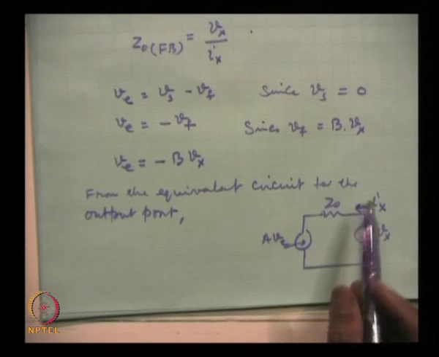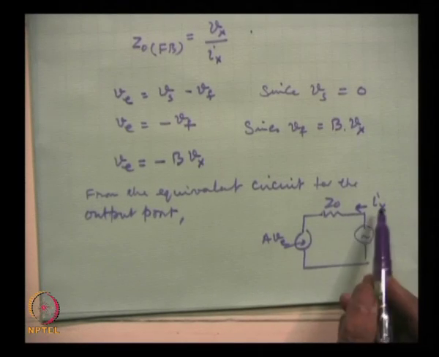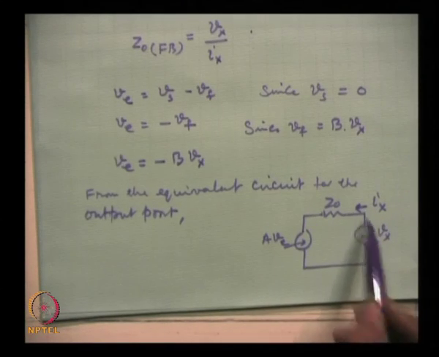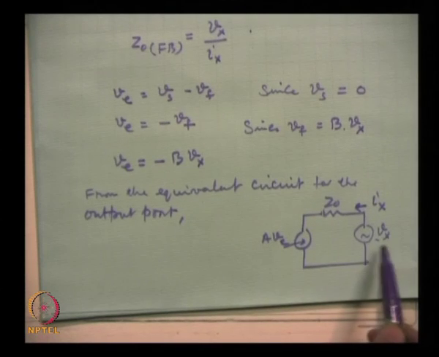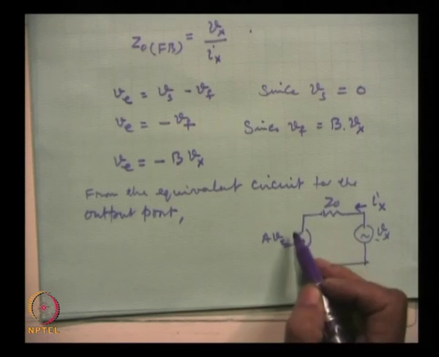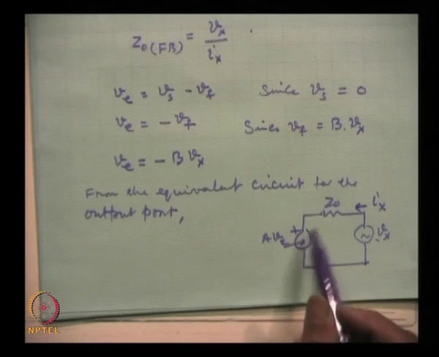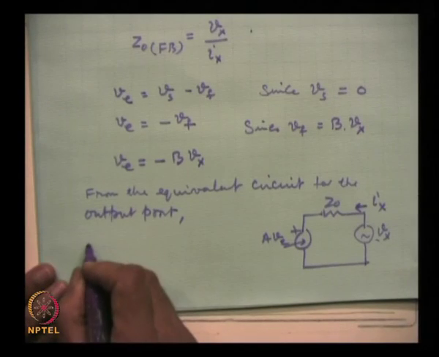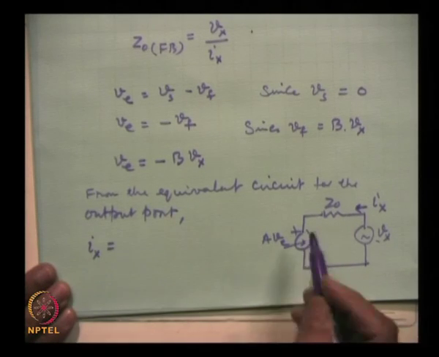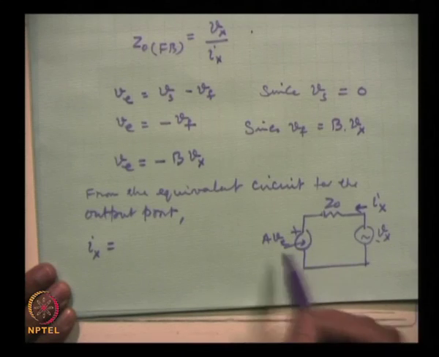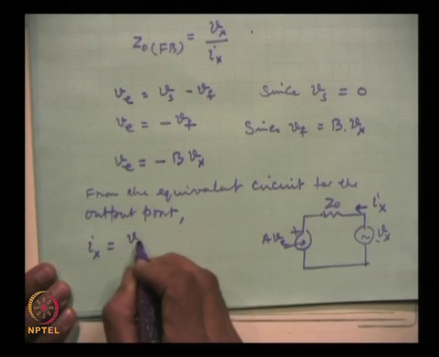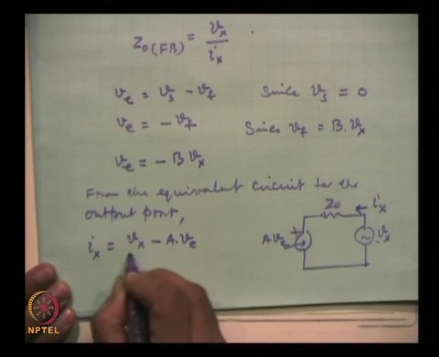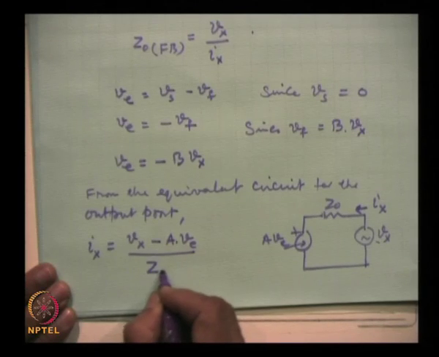Now, it is simple that we can find out the value of I x. If we have a resistance and one terminal is at potential V x, and the other terminal is at a potential A V e, then obviously the current will be the difference of these two potentials, that is, by simple Ohm's law, V x minus A V e divided by Z 0.